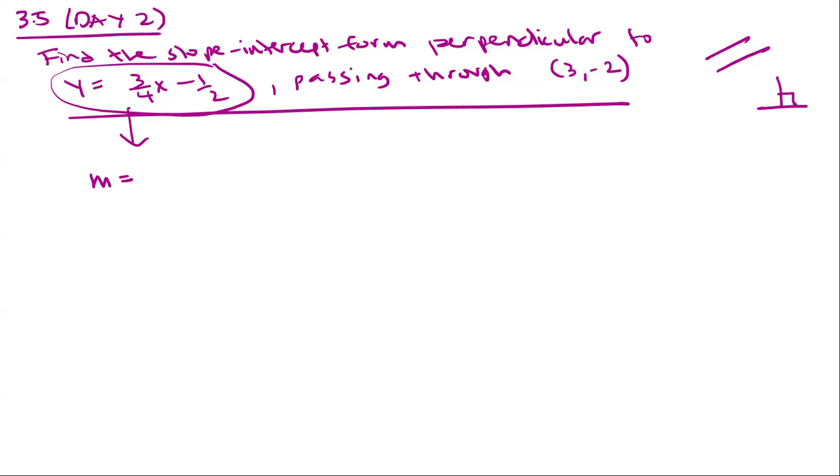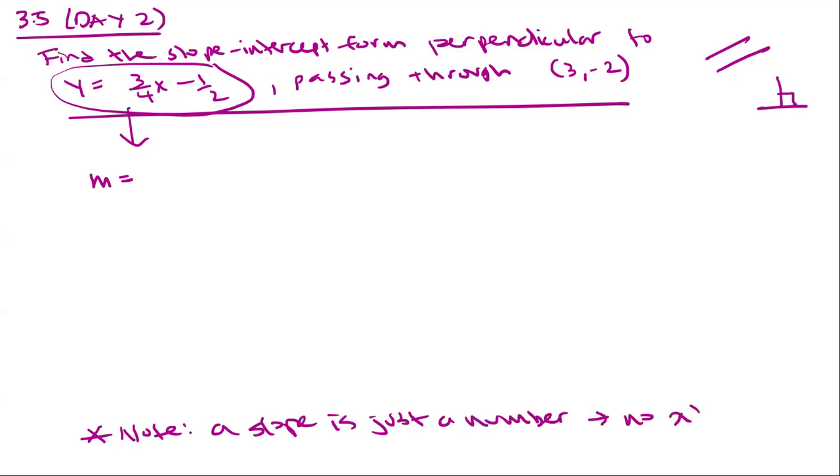So let's write that down. Note, okay, a slope is just a number. Okay? No x. All right? So in this case, what's the slope? 3/4. Good.